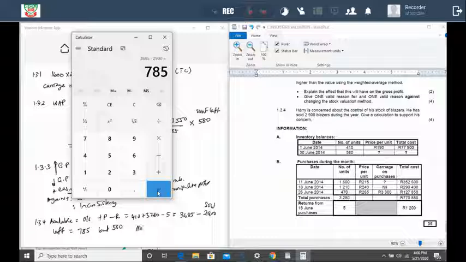So missing is 785 minus the 580 that he has now left, which will be 205 missing.